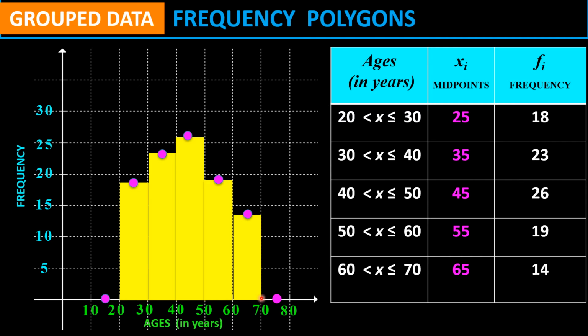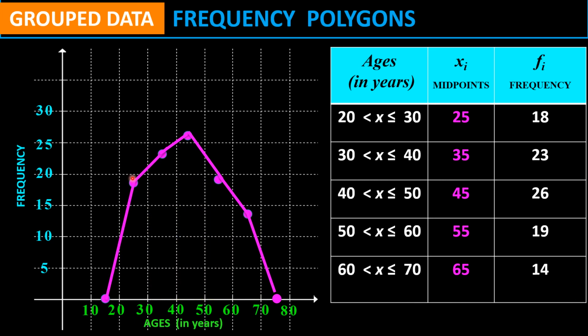Now we can join those points with straight edges. There it is, and this shape that I have there is the frequency polygon. You can see here the bars of the histogram, and that point there is in the middle of the bar. Let's just take the histogram away, and this that I have there is now my frequency polygon.